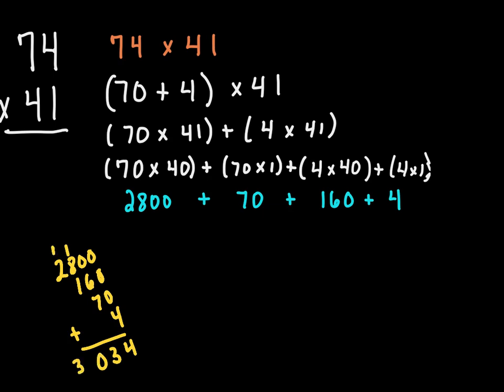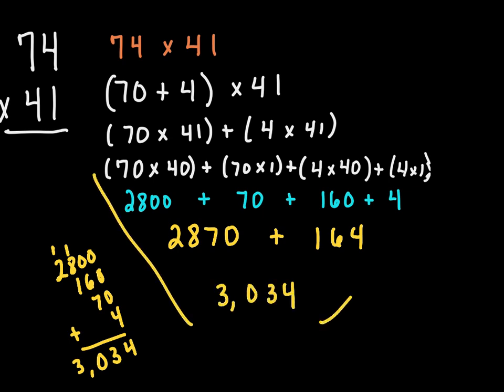And then we have 3,034. So the answer to our wonderful problem here, if we wanted to start combining these numbers, and then this side, 164, and when we add them up, we get a product of 3,034. Nice.